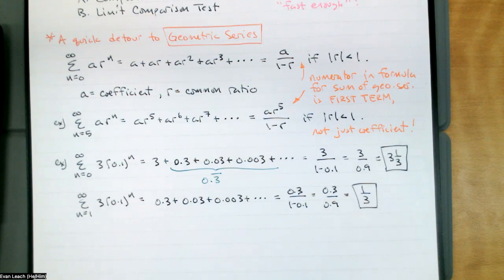Furthermore, we can clearly see that if the terms of the geometric series don't go to 0, then our geometric series is going to expand towards infinity.